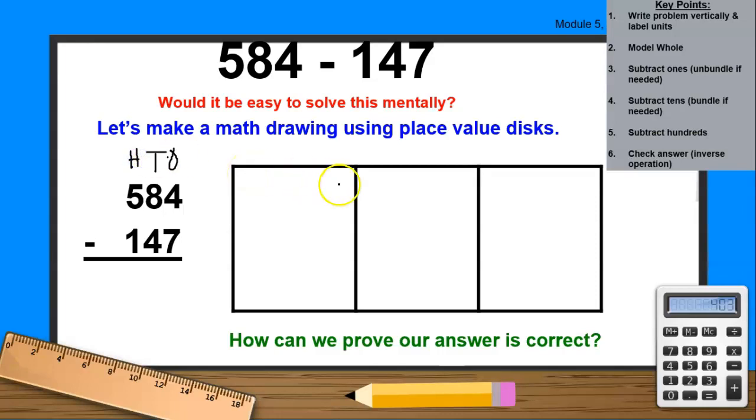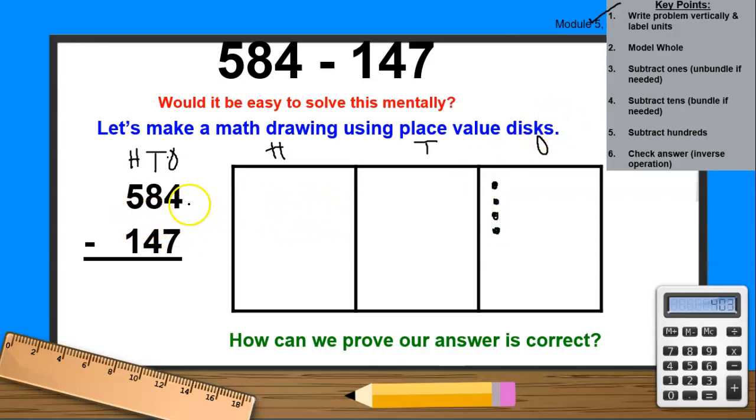Now, let's make a math drawing using our place value. Today we're going to use the chip model. So we have the ones, the tens, and the hundreds, boys and girls. I already wrote my problem vertically. Now I have to model the whole. This 4 tells me that I have 4 ones. 1, 2, 3, and 4.